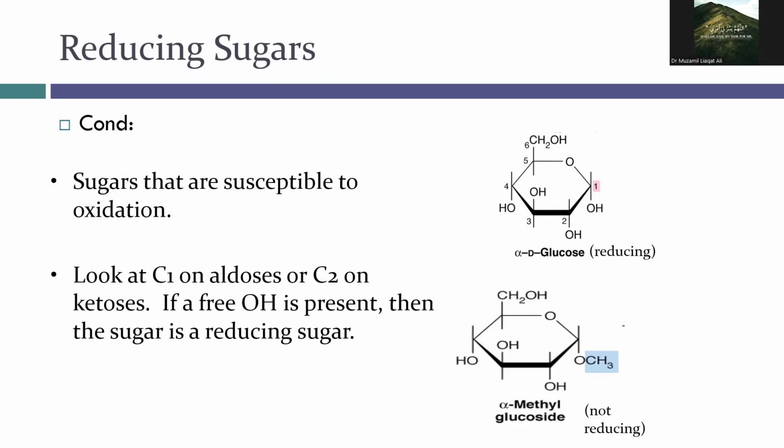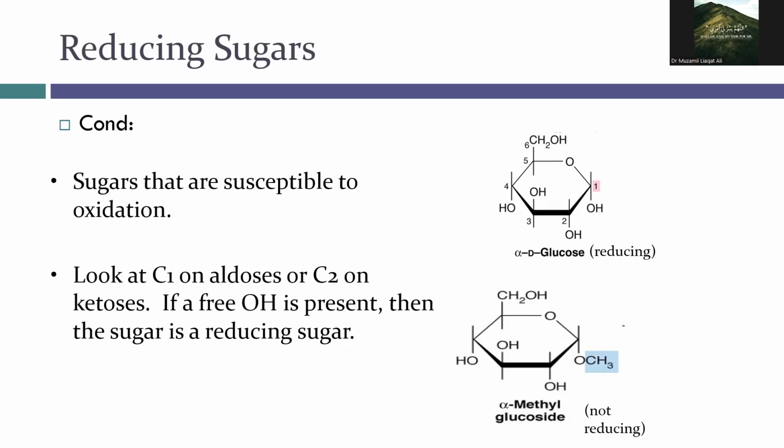Now, let's discuss reducing sugars. A sugar is a reducing sugar if it has a free anomeric hydroxyl group, the free OH at carbon number 1 in aldoses, or C2 in the case of ketoses. That anomeric hydroxyl group can open to form a free aldehyde or ketone.